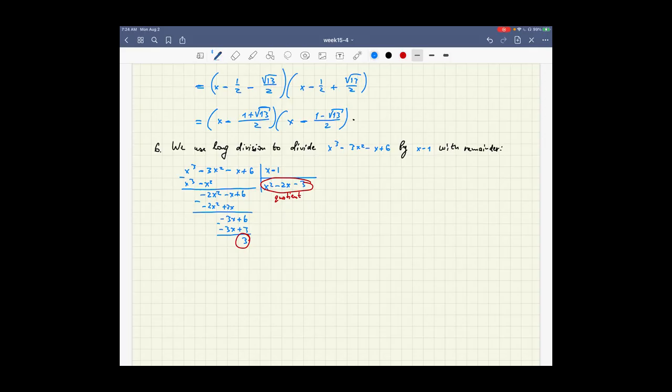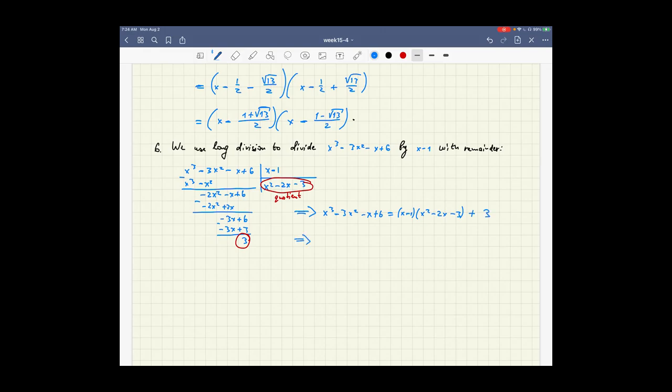So from here I get that the dividend x cubed minus 3x squared minus x plus 6 equals divisor x minus 1 times quotient plus remainder.